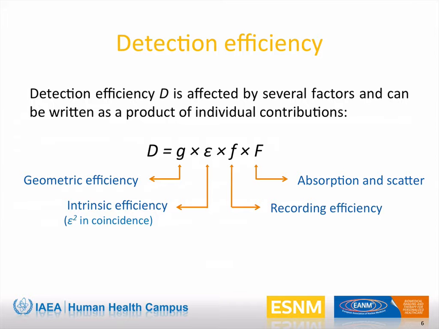The maximum D is desirable to obtain minimum noise. However, it is difficult to maximize all factors. For example, the geometrical efficiency G can be increased by reducing the scanner diameter and/or increasing the axial extension.